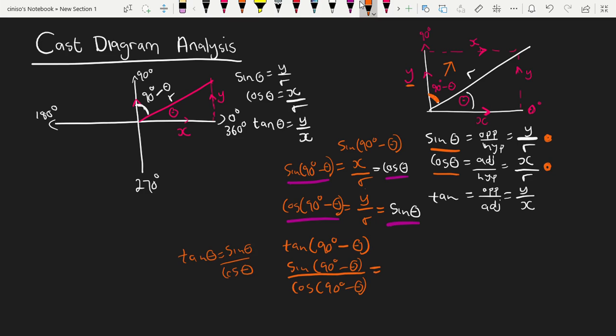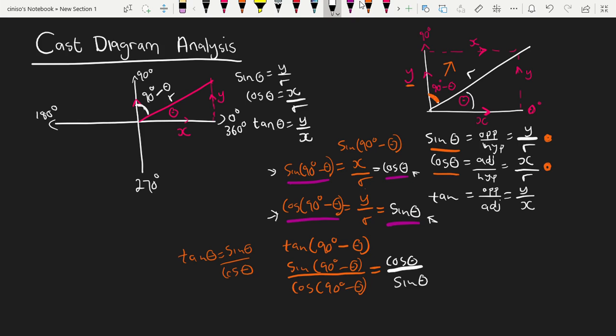So now let's go to the answer of sine of 90 degrees minus theta. Remember, sine of 90 degrees minus theta gave us cos of theta. So which means that we have cos of theta here all over cos of 90 degrees minus theta. Cos of 90 degrees minus theta gave us sine of theta.